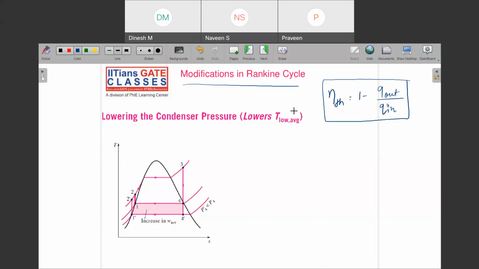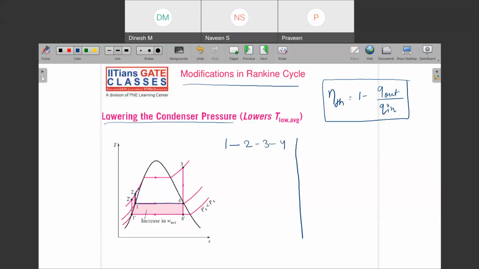There is one thing written, that if you lower the condensation pressure, then what happens here is that initially you are working with the cycle 1, 2, 3 and 4. And then you have lowered the condenser pressure.